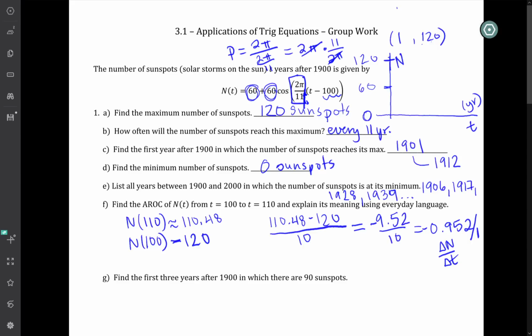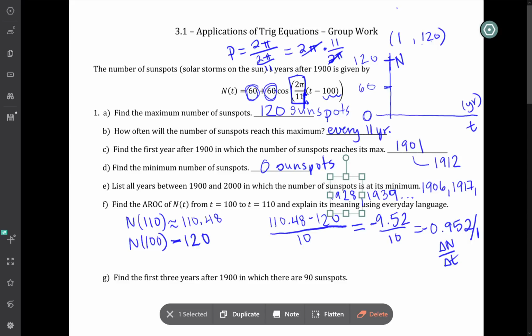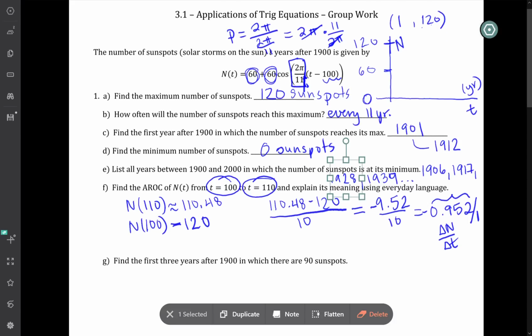So something along those lines. So again, the years part comes from the t equals 100, the t equals 110. So between the years 2000 and 2010, and then again this 0.952 is almost 1. So the number of sunspots is decreasing by about 1 per year on average.